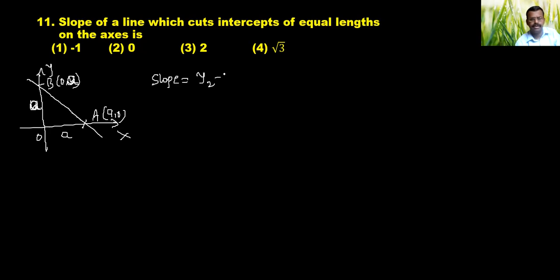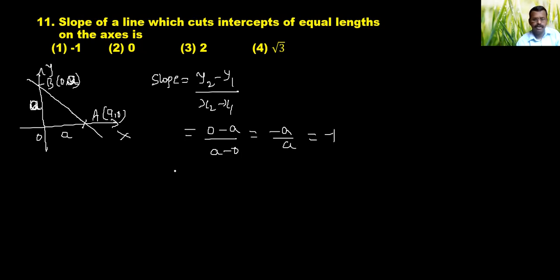When 2 points are given, (y2 minus y1) by (x2 minus x1). Applying, 0 minus a by a minus 0, so minus a by a. So a is cancelled. We get minus 1. Slope means tan theta. So tan theta is minus 1.